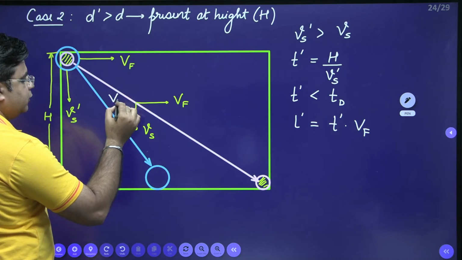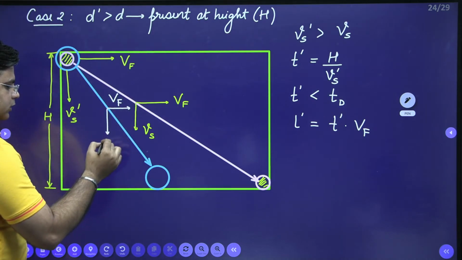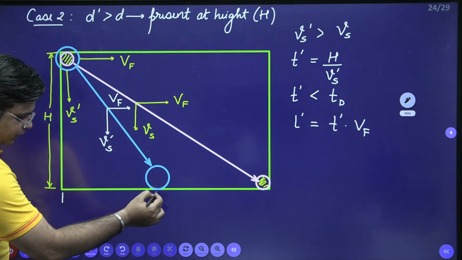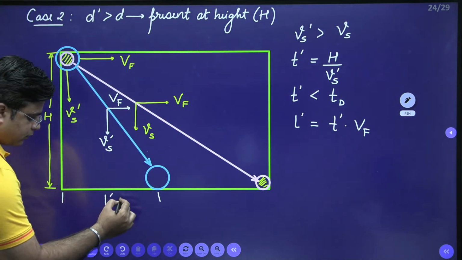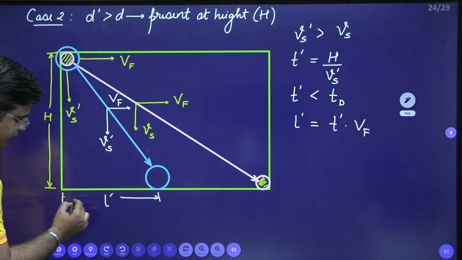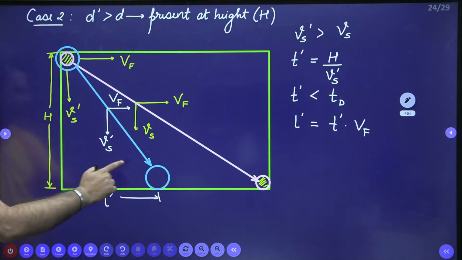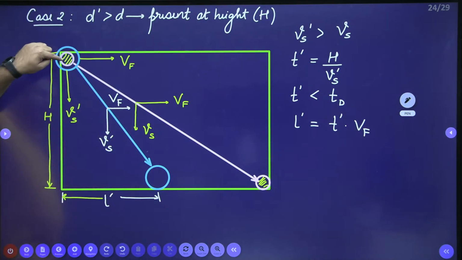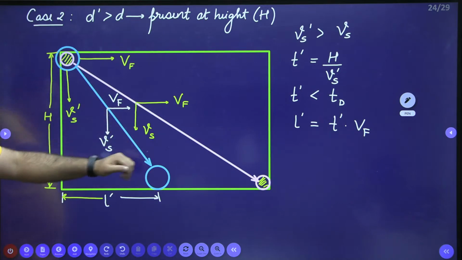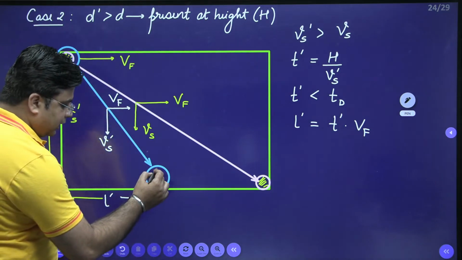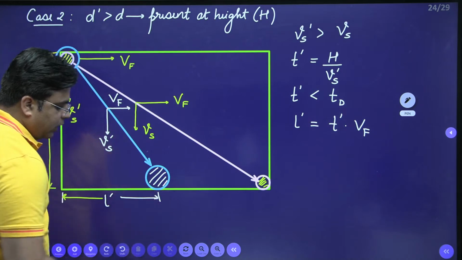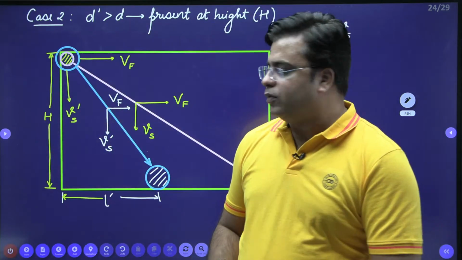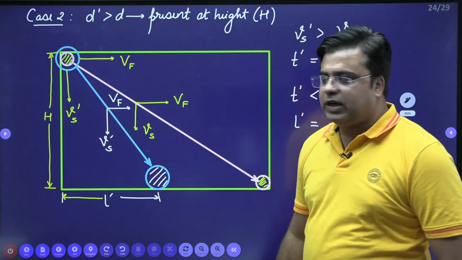Horizontal velocity is Vf and vertical velocity is Vs dash. The length travelled by the particle is L dash. And clearly it is visible that this L dash is less than L. So in less time, this larger size of particle will reach the bottom of the settling zone. Even in the lesser time, this larger size of particle will reach the bottom of the settling zone.